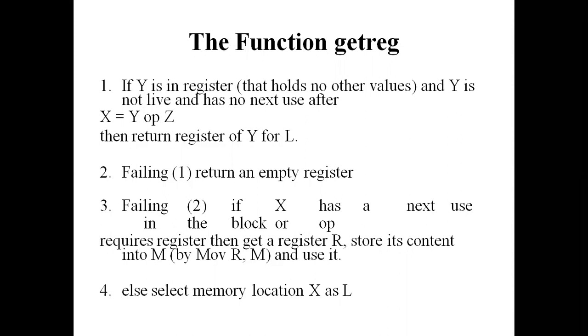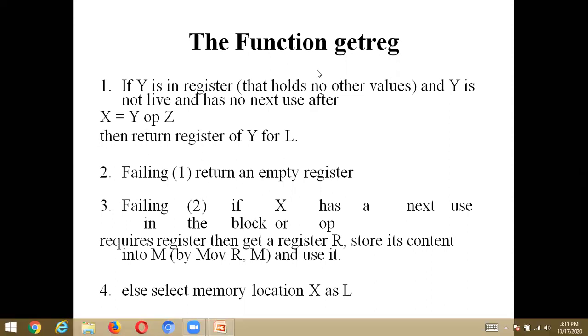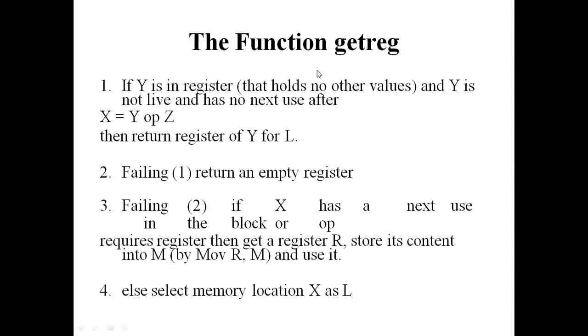Then for this single instruction we are going to return the register of y for L. Here in condition C, y is not live and has no next use information after; only then we implement this get register function. If you fail in implementing step 1, you need to return an empty register.